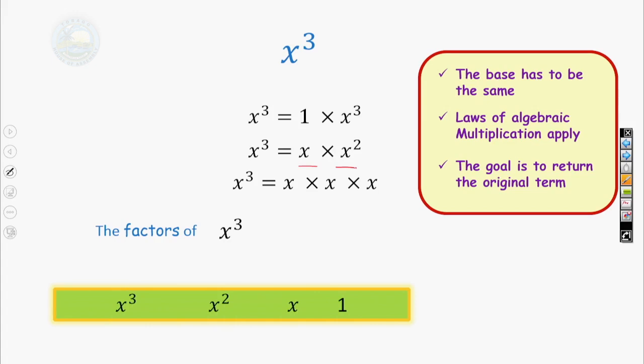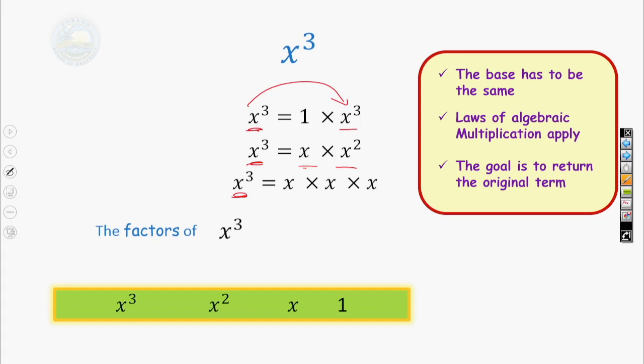Now bear in mind, just doing this little recap for you with multiplication, that the bases must be the same. So when we are looking at the factors of x cubed, the bases here must be the same. And what are our bases? This is my base, this is my base, this is my base. So the bases across here have to be the same as well. What is the base here? What is the base here?